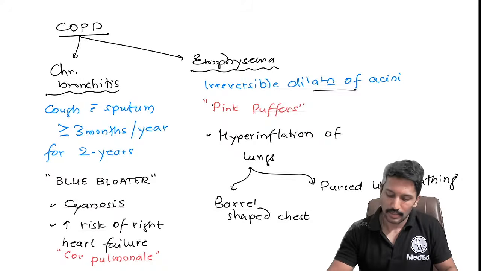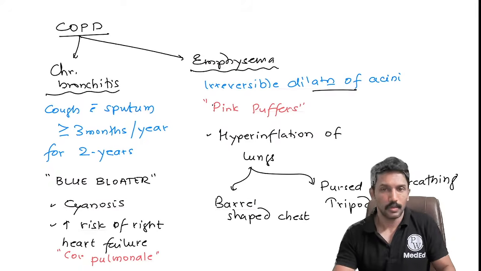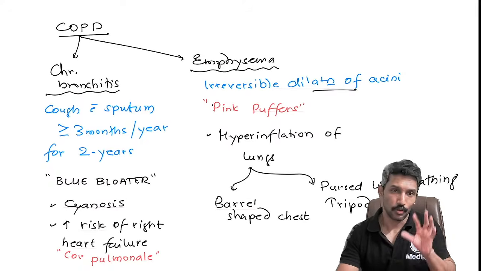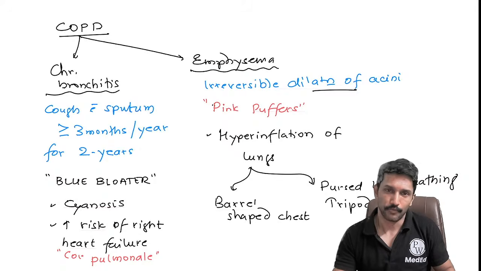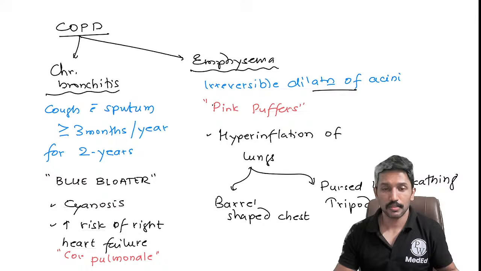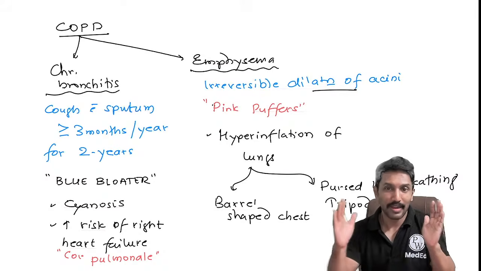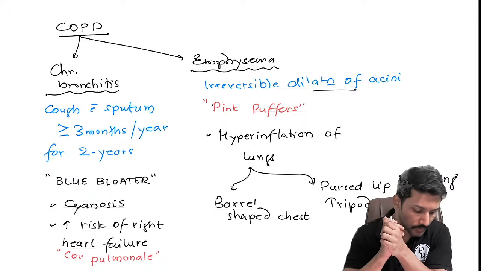We call this as tripod position. So these are some additional points we should know about chronic bronchitis and emphysema. And on this X-ray, hyperinflated lungs show up as flattened diaphragm, wide rib spaces, and tubular heart.